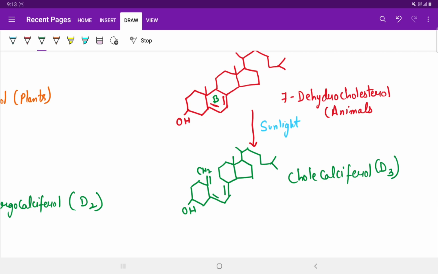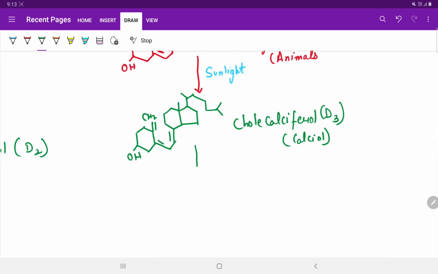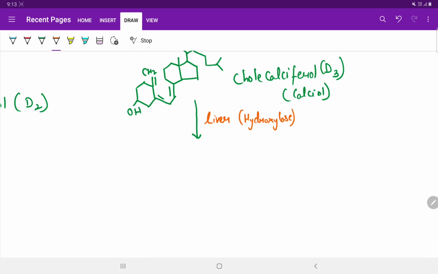And further this may lead to formation of 25-hydroxy cholecalciferol known as calcidiol. This is also referred to as calciol. The formation of calcidiol is from the cholecalciferol, and this occurs in the liver by hydroxylase enzyme. How is this formed?